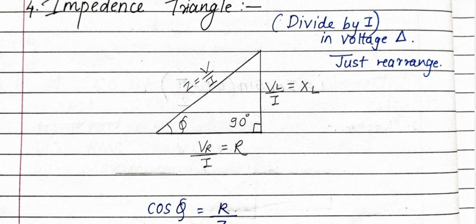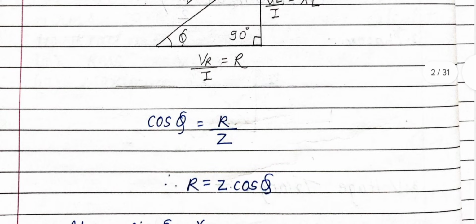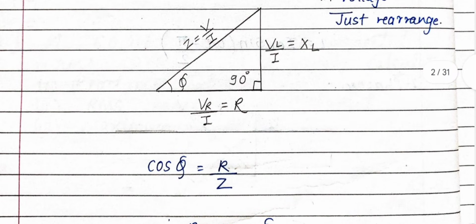I told you, if you understand the phasor diagram, you are going to make the voltage triangle, and if you make the voltage triangle correctly, then you are going to make the impedance triangle very right. So now what you have to write in the formulas for this voltage triangle? Just you have to write cos phi and sin phi for it. With the help of the diagram only, what is cos phi? Adjacent upon hypotenuse. Here what is the adjacent? It is R upon hypotenuse, right? So see the diagram.